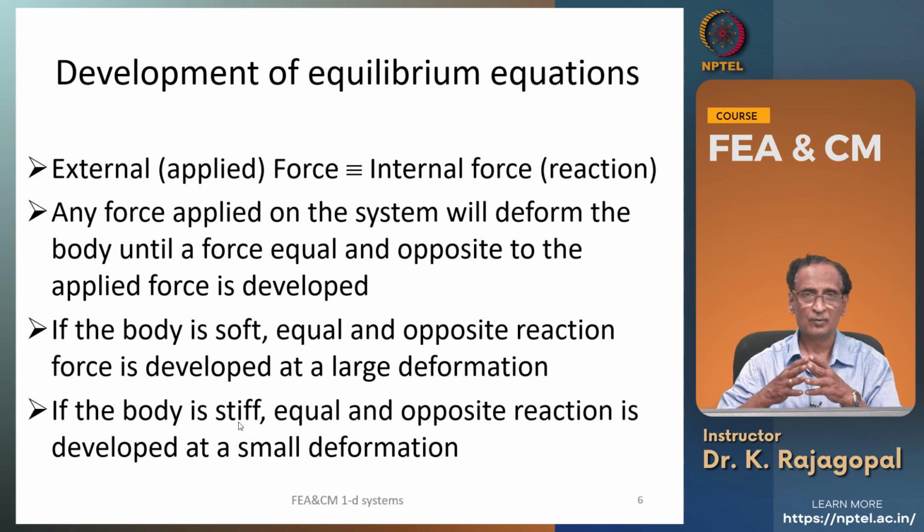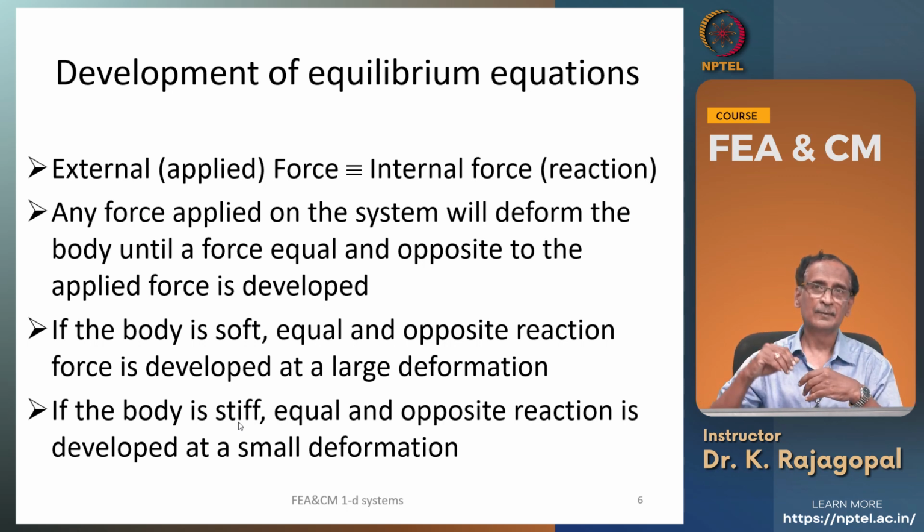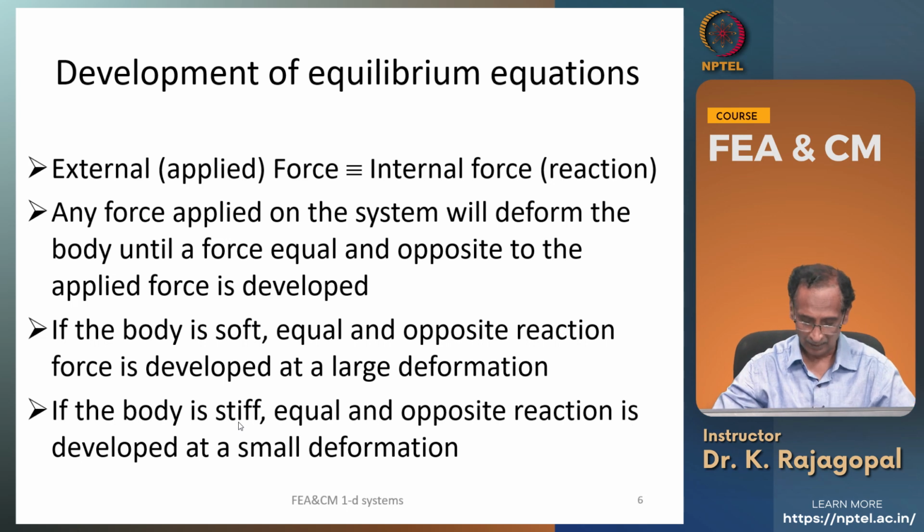So, that explains why if you have a very stiff spring and you apply some force, it will deform very little, but if you have a soft spring, it will deform by a larger amount. And the governing principle is they will deform until an equal and opposite force is developed to oppose the applied force, okay.